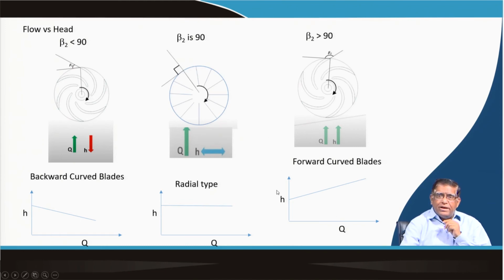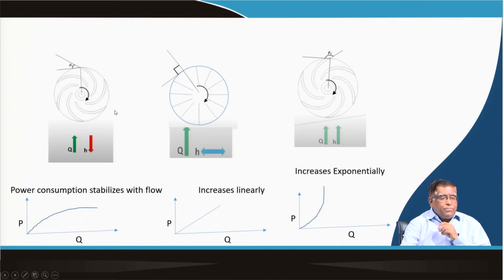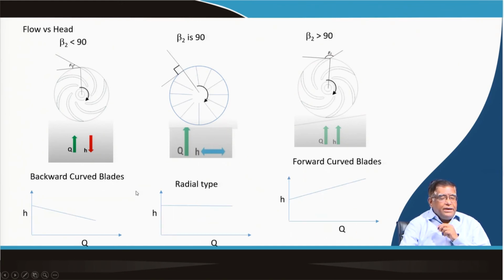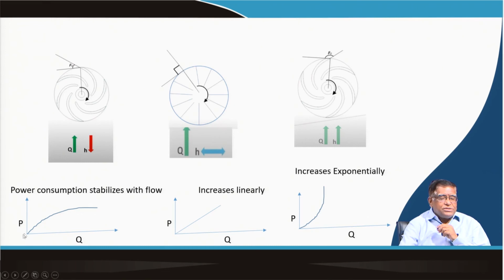Now, these phenomena will have an impact on the motor power required to drive the pump. You can see here the motor power consumption: as the flow is decreasing, the total power consumption gets stabilized after some time and reduces.